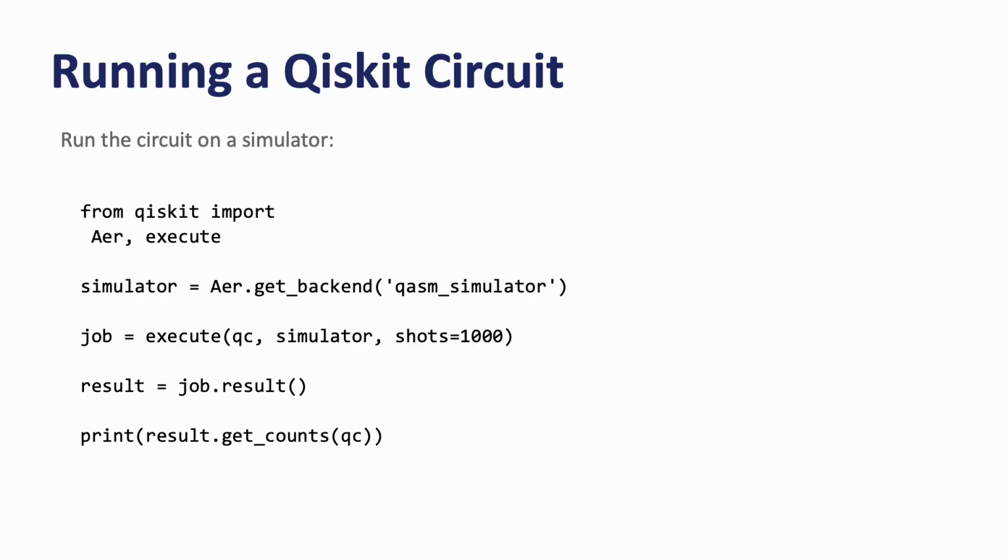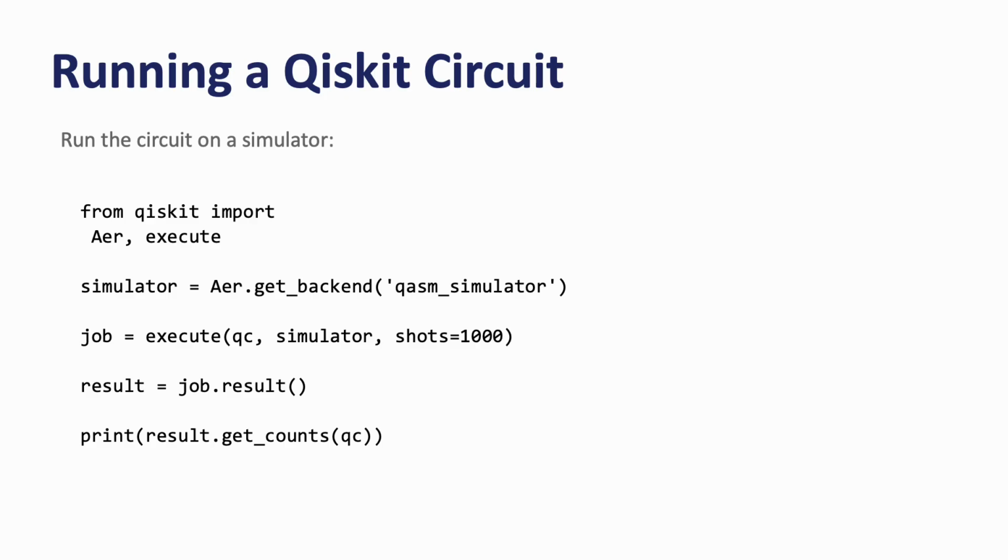This repetition is important because quantum behavior is probabilistic. A single run might give you 0 or 1, but running many times gives you statistical data about the probabilities. We get the result and print out the counts. This shows us how many times the circuit gave us 0 and how many times it gave us 1.